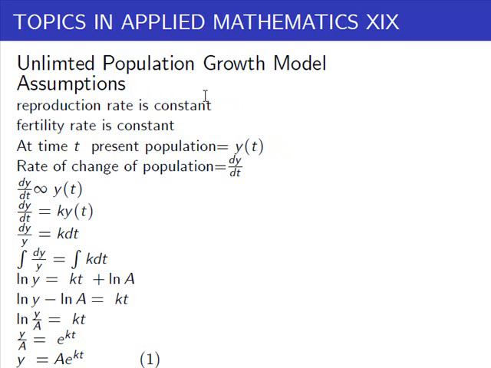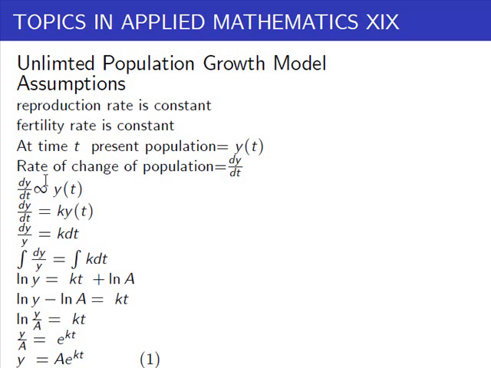So we can use calculus for the population growth model, and our assumptions are that the reproduction rate is constant and the fertility rate is constant. At any time t the present population is y of t, the function, and the rate of change of the population is dy over dt.